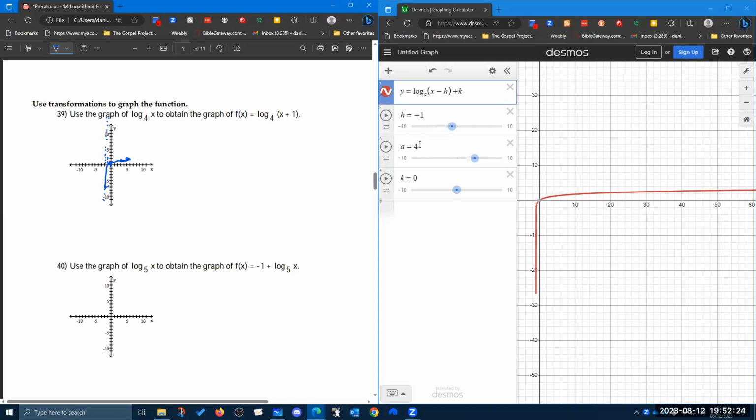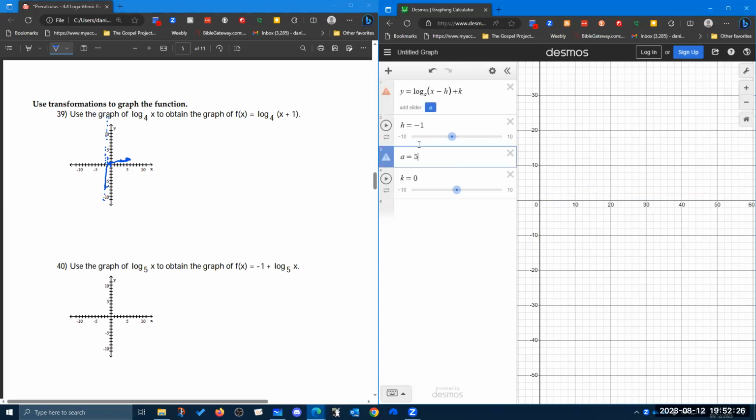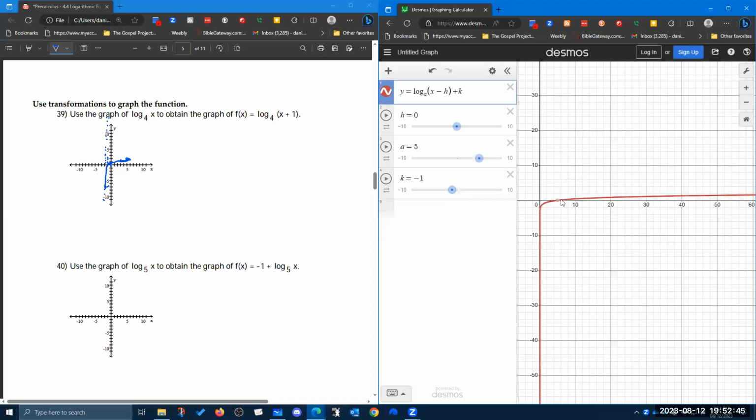And log base 5 of x. And we want to have no horizontal shift, but we want a vertical shift of -1, like so. And it's going to give us an x-intercept at 5, 0 over there.